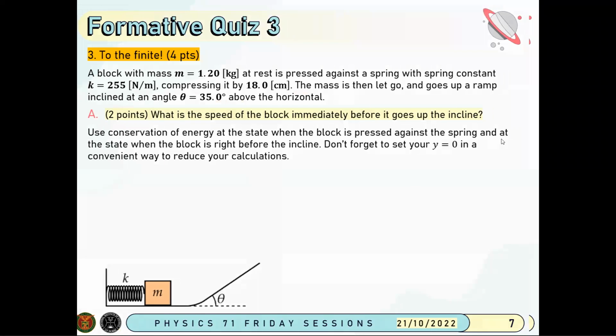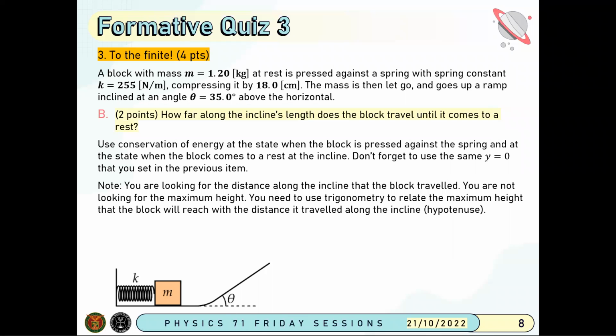Okay. And then for letter B, how far along the incline's length does the block travel until it comes to a rest? Okay. Use conservation of energy at the state when the block is pressed against the spring and at the state when the block comes to rest at the incline.